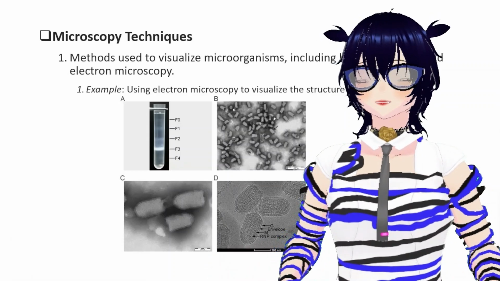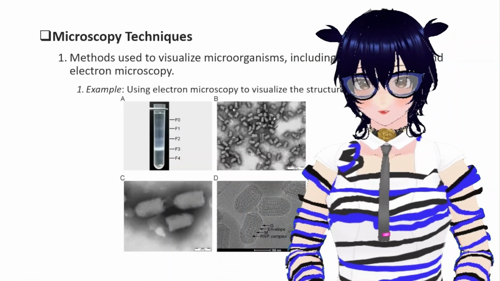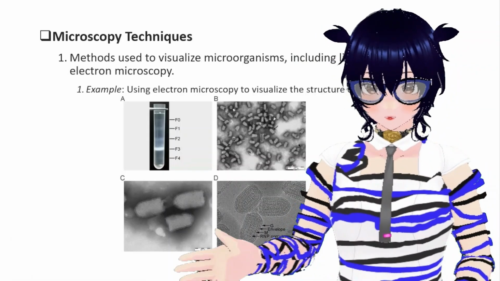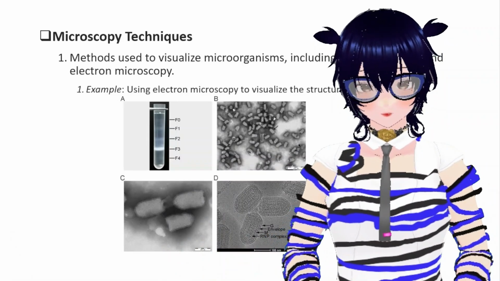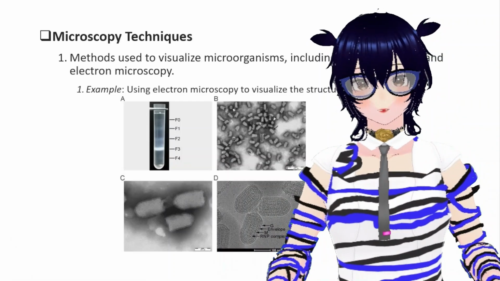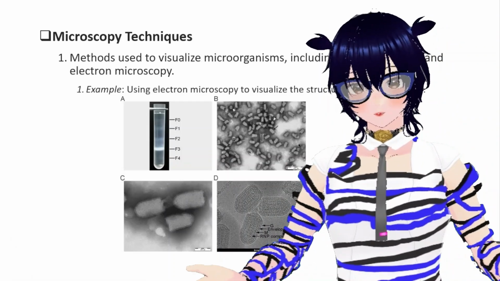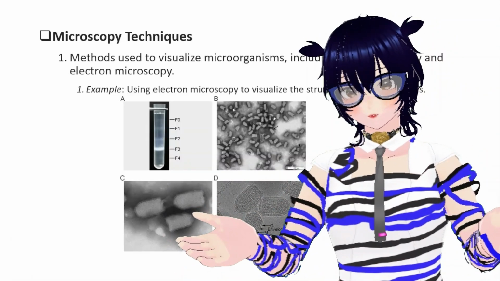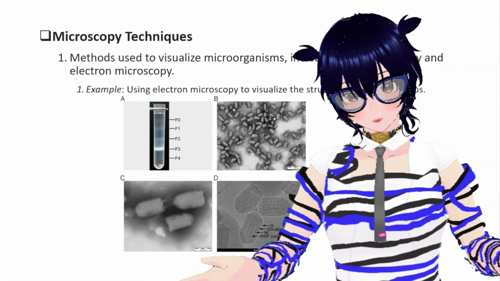The methods used to visualize microorganisms include the light microscope. There are different types of microscopes, and each has the capacity to visualize different structures, for example using an electron microscope to visualize the structure of rabies viruses. Since the size of viruses and microbes varies, smaller and smaller microorganisms need more and more complex microscopes.